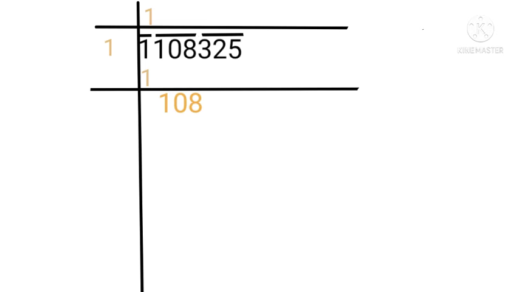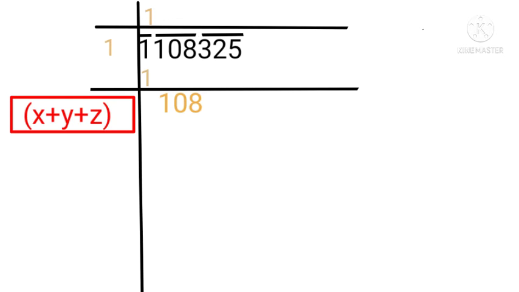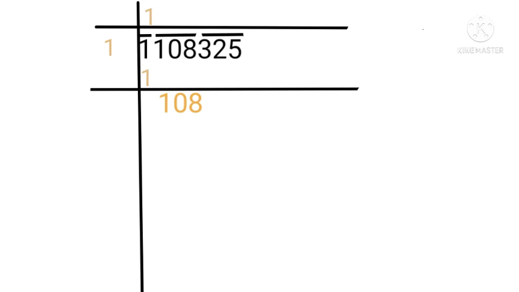Now our new dividend is 108 and we have to formulate the new divisor. Here the divisor is made up of 3 terms added together. Let those 3 terms be x, y and z.